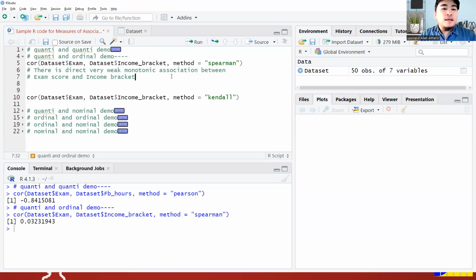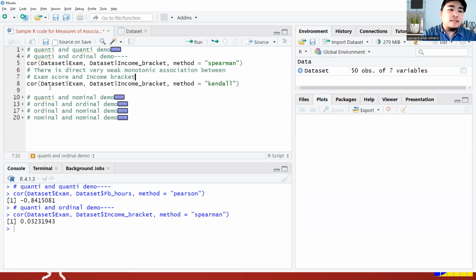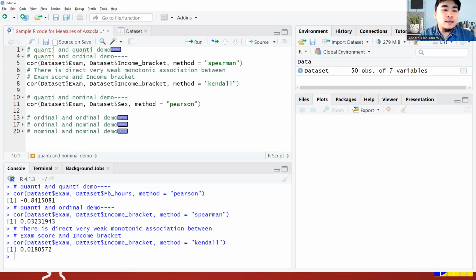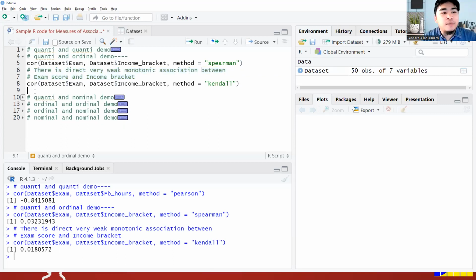Okay, next. Si Kendall naman, same lang din. Iraran ko lang din yan. Tapos ang result po, kung mapapansin nyo, generally, mas mababa siya. Ito yung sinasabi ko kanina na kahit sila ay magkaiba, halos same lang sila na sinasabing conclusion.